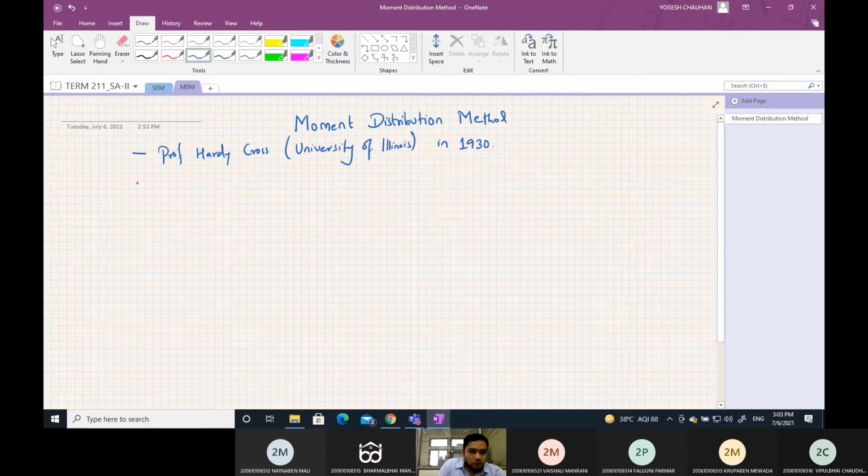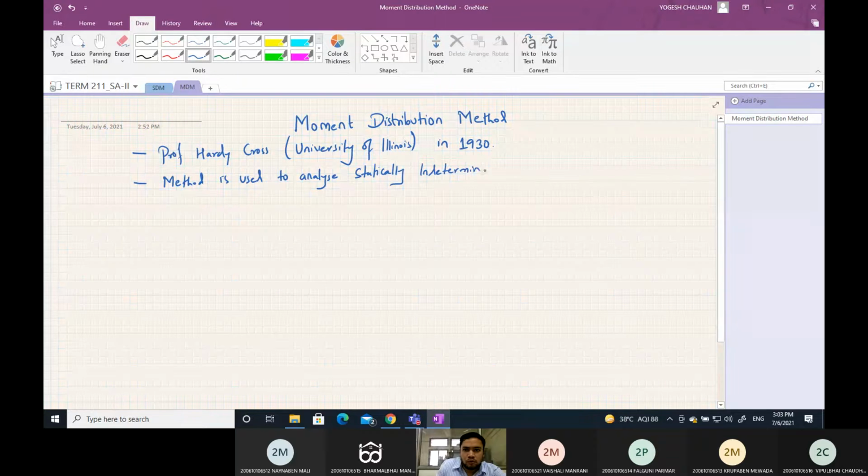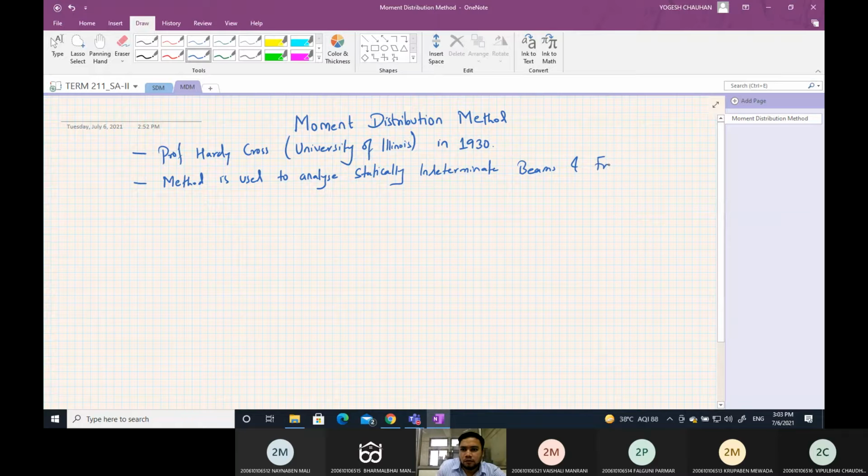Now, this method is used to analyze statically indeterminate beams and frames.